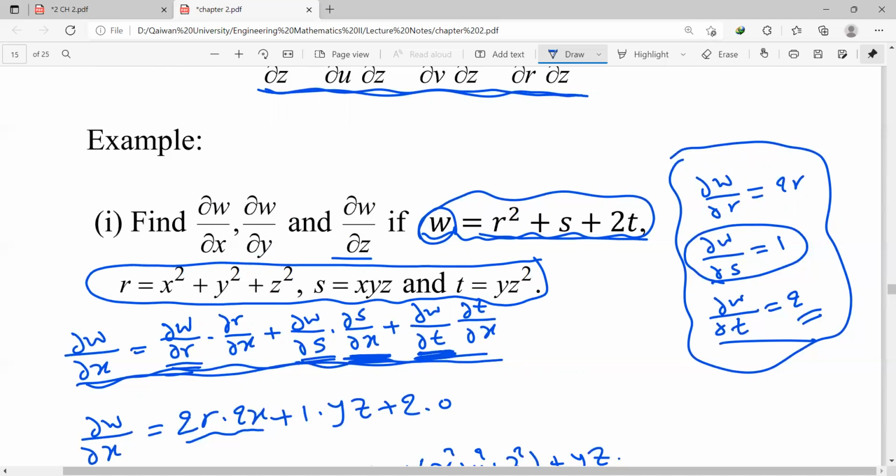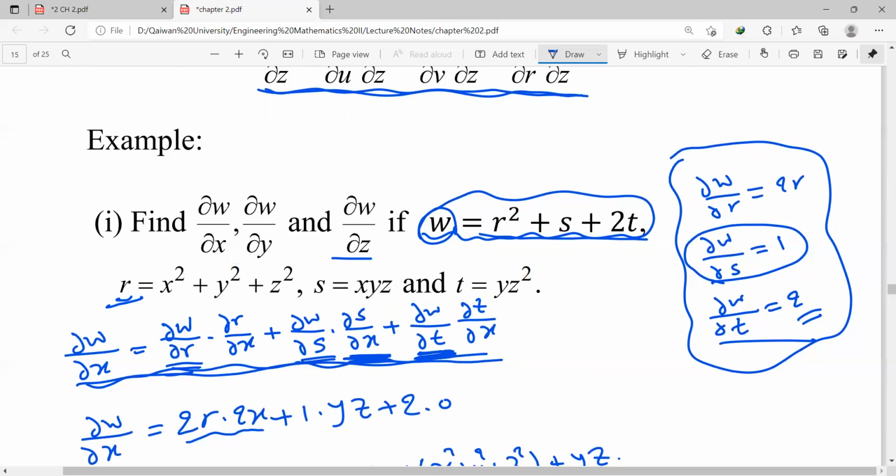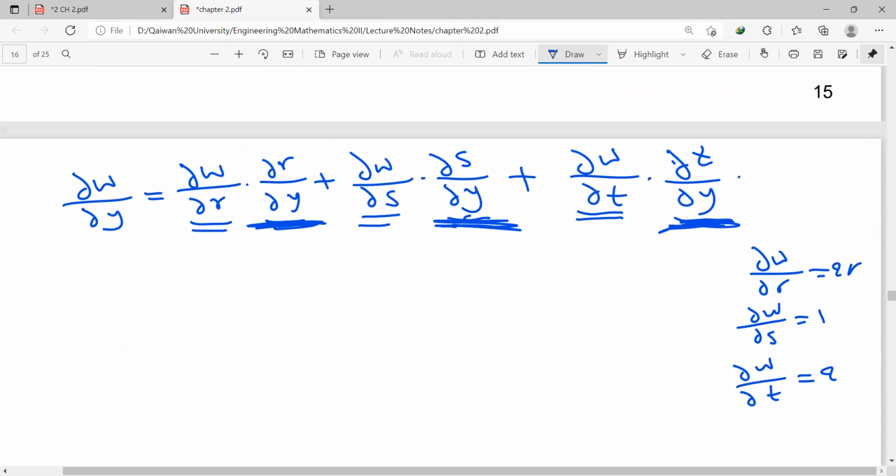To find the partial derivatives of these three functions with respect to y, partial r by partial y is, I mean the derivative of this function with respect to y. These two terms become 0. So we get only 2y. So partial r by partial y equals 2y.